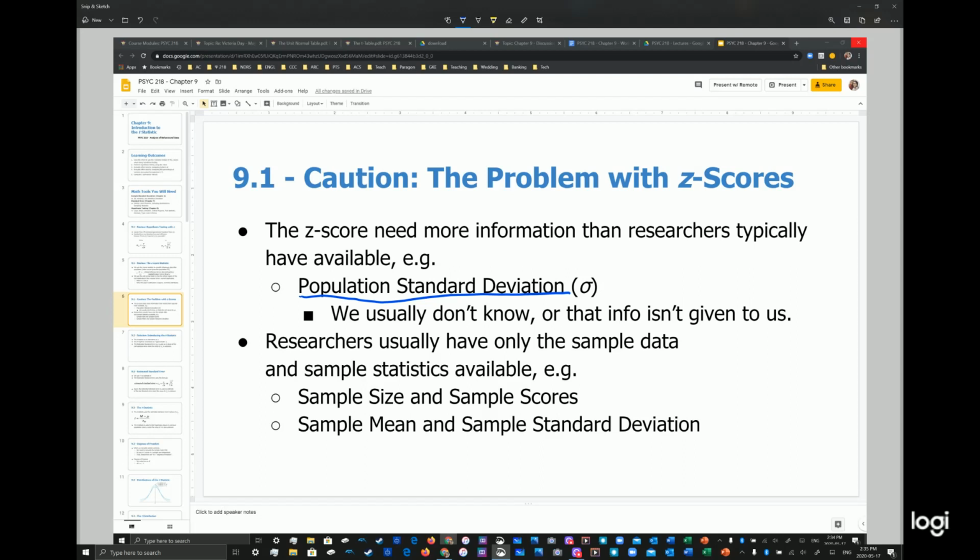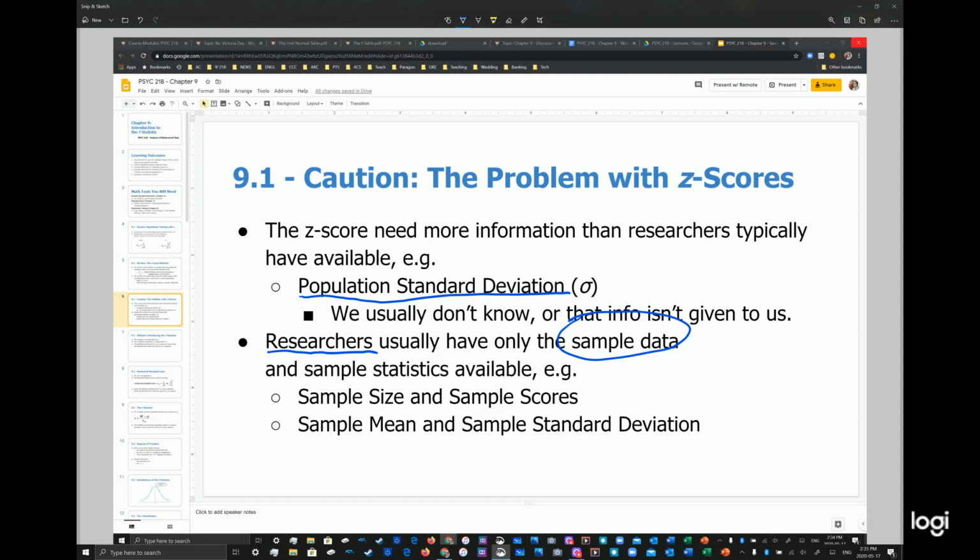Also, when we work with samples, well, we would only have sample data. In recent events, certain countries, including Canada, are trying to test a vaccine for COVID-19. At the time of recording, this is what's happening. And so they had phases, and in the first phase, they can only measure 100 people.